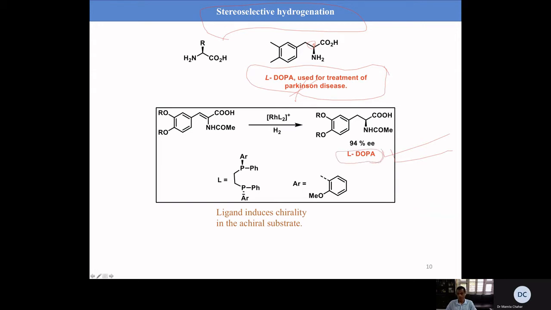This L-DOPA as a drug can be prepared from the corresponding olefin. So we are taking an olefin and hydrogenating it to make an alkane, but in an asymmetric fashion. So this is the new chiral center getting generated. Of course, you need to take a chiral ligand, which is taken over here, as you can see. So the chiral ligand induces chirality in the achiral substrate.